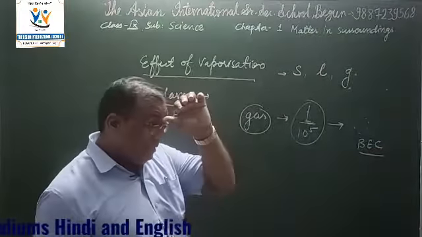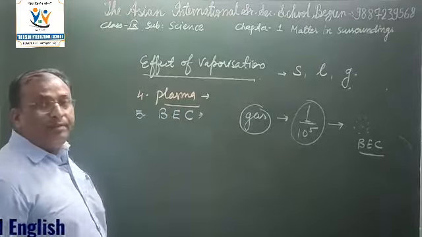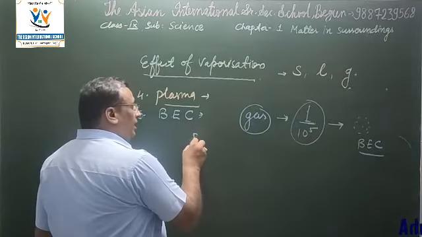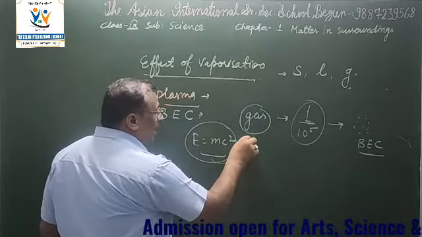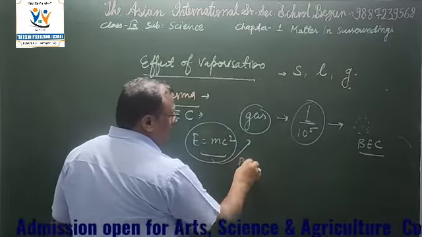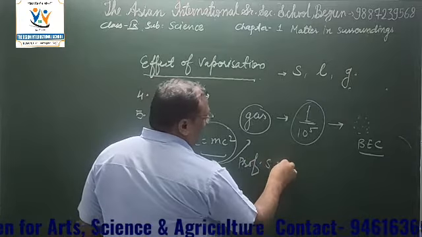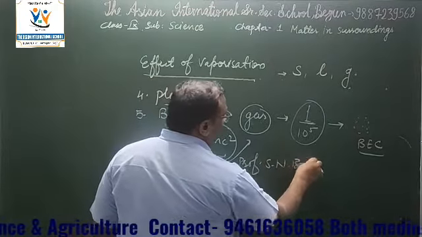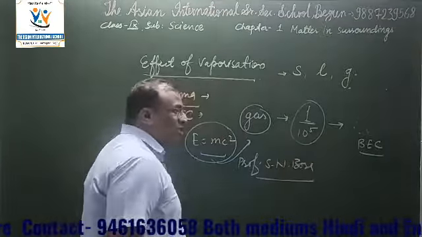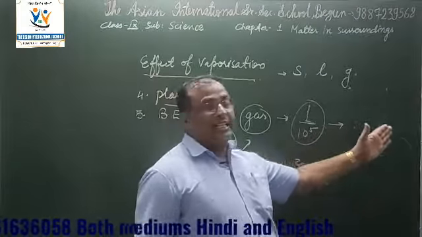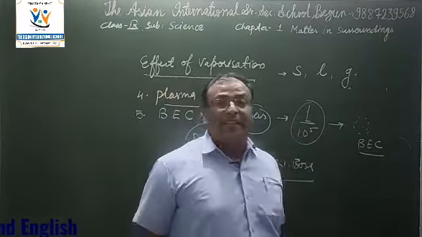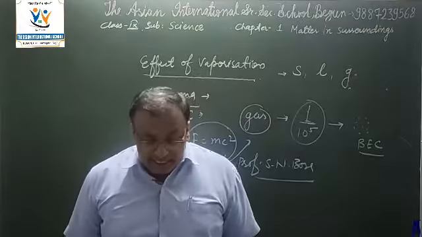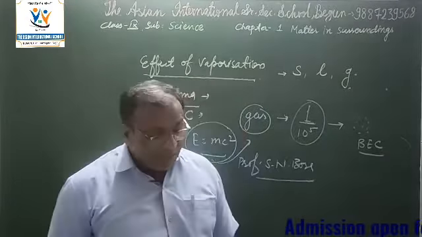In this case, Einstein's formula E equals mc square was applied by Professor Satyendra Nath Bose for the explanation of this fifth state of matter. So this phenomenon is called Bose-Einstein condensate.